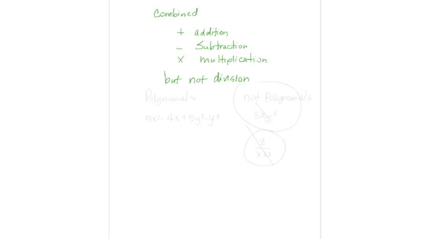In these examples here, these are polynomials. And these are not polynomials. Notice that has a negative exponent. That is not a polynomial. And this is a division, so that is also not a polynomial.